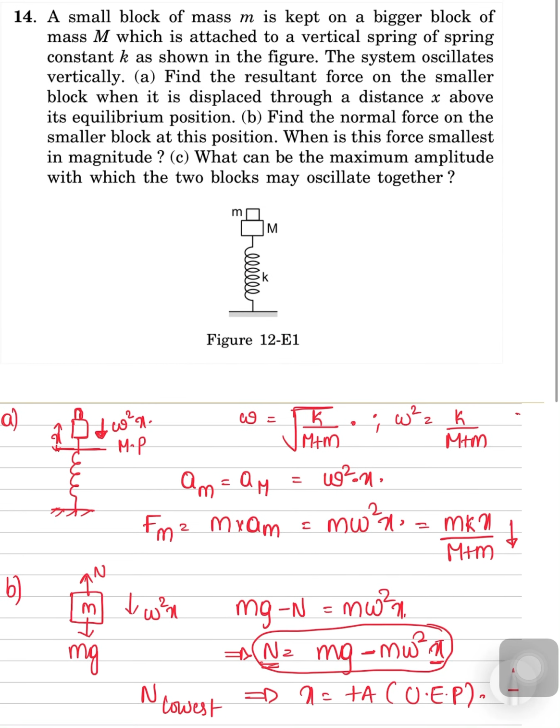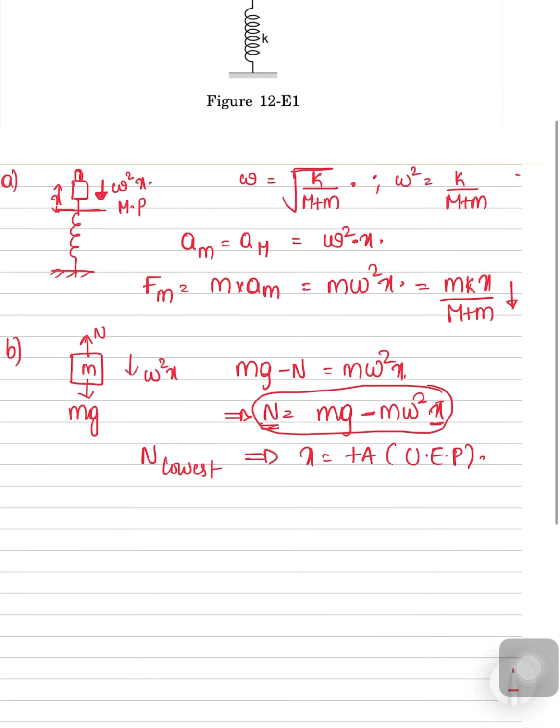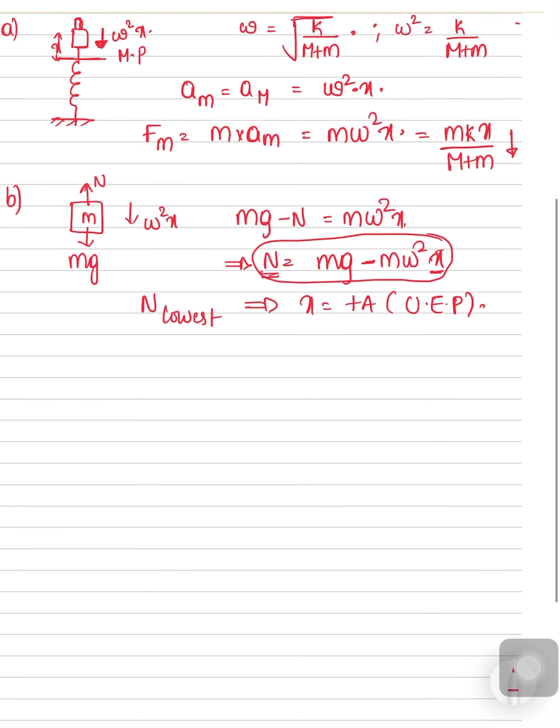Next, if you see part C: what can be the maximum amplitude with which the two blocks can oscillate together? Here we have to find out what is the maximum amplitude at which they can oscillate without separation. When they separate, the normal reaction is going to be 0, and the normal reaction being 0 will be at the upper extreme position, when x is equal to a.